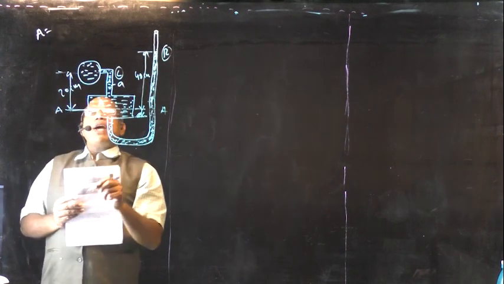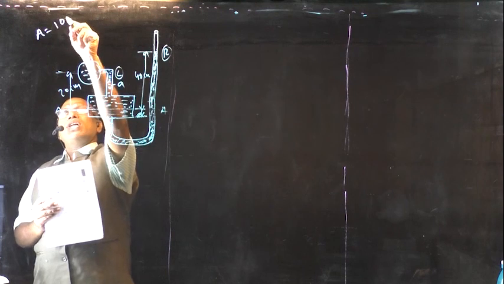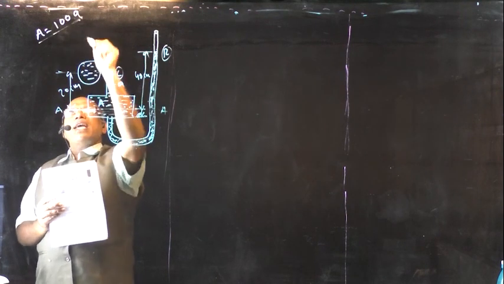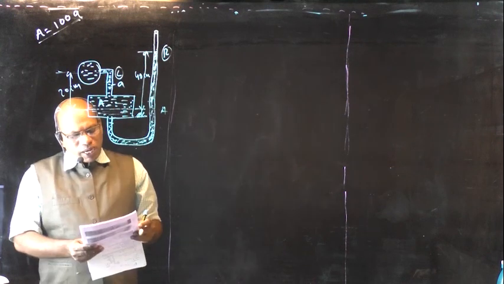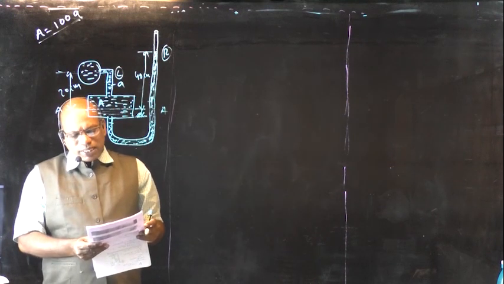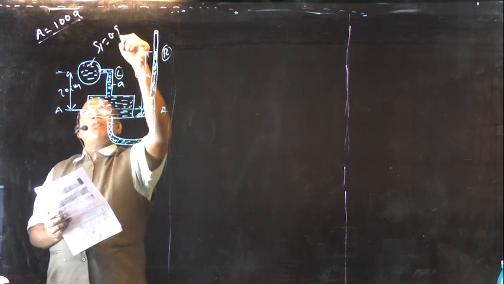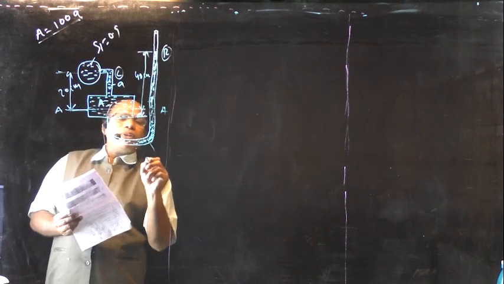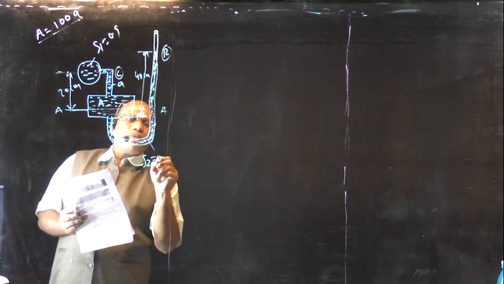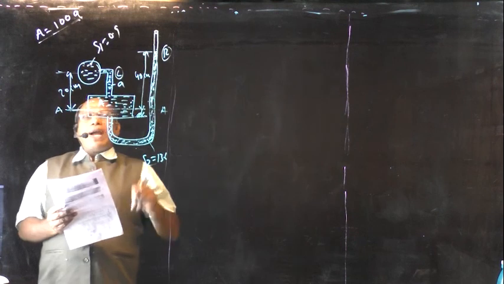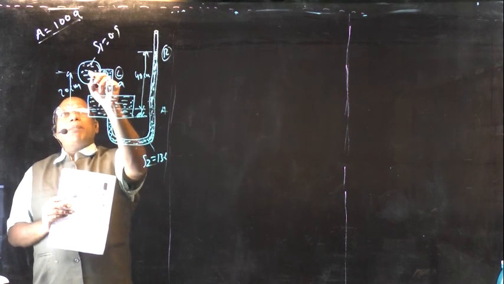Area of the reservoir is equal to 100 times the area of the pipe. This is the condition given in the problem. Specific gravity of the liquid, S1, is equal to 0.9, and the specific gravity of mercury, S2, is equal to 13.6. Now find the pressure in pipe A.